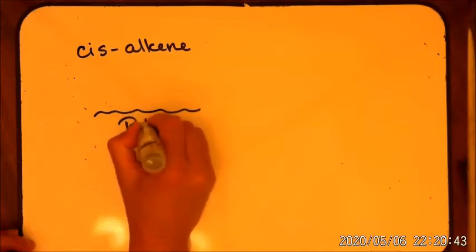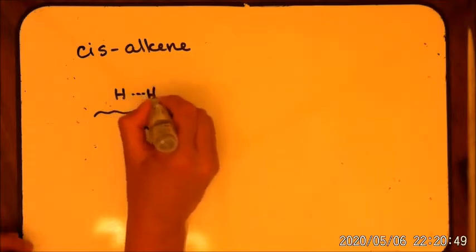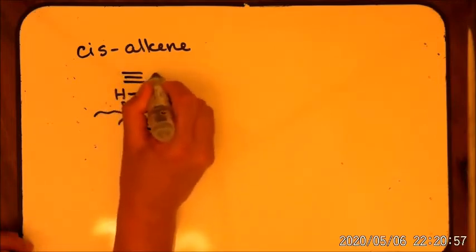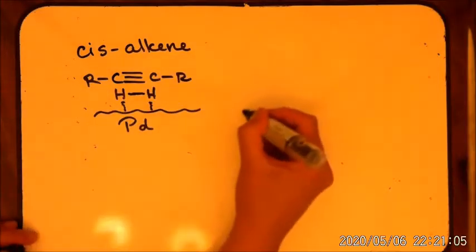Remember, with a solid catalyst like palladium, my hydrogen adsorbs onto it. So this bond's a little weaker, and then my alkyne can come in. And I'll add my hydrogen. And then you do that again.